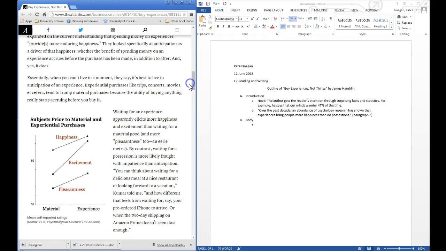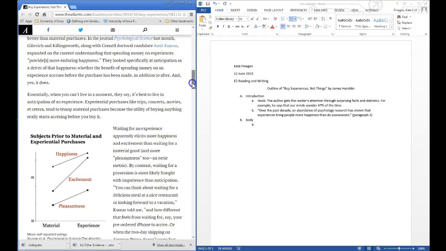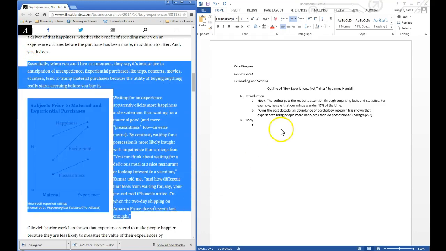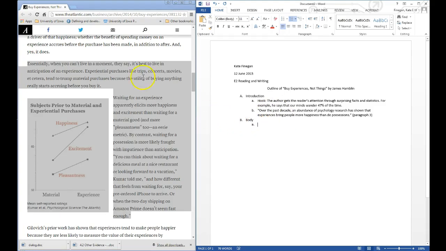Okay, so it looks like these two paragraphs are about anticipation, right? So essentially, when you can't live in a moment, they say it's best to live in anticipation of an experience. Okay?